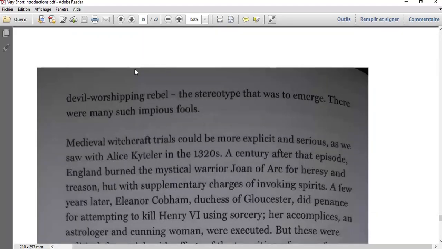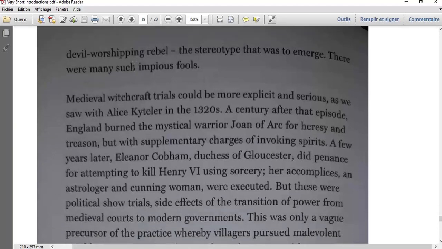And I have here included 3 pages, an excerpt which goes from page 69 to page 71 from Malcolm Gaskill's Witchcraft, published by Oxford University Press in 2010. And these 3 pages can be found in my PDF file from page 18 to page 20.